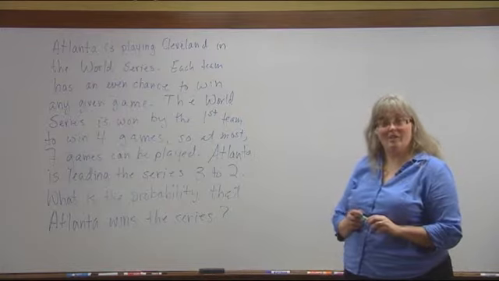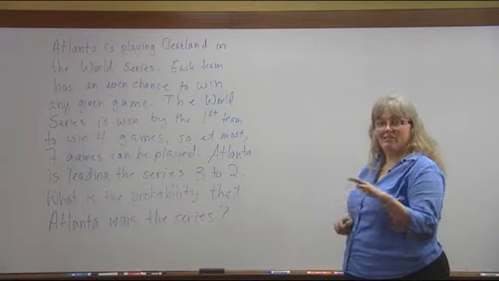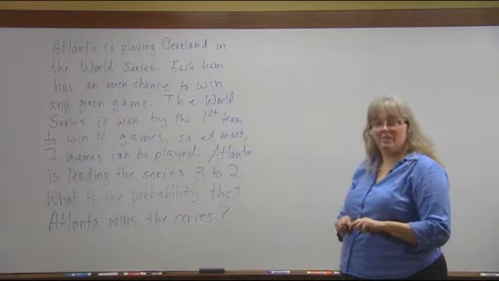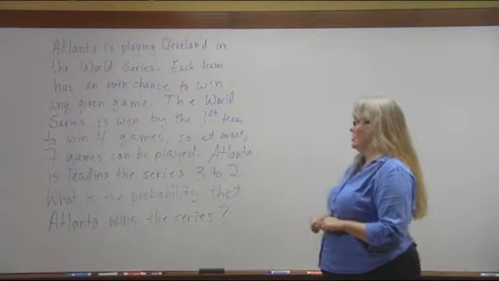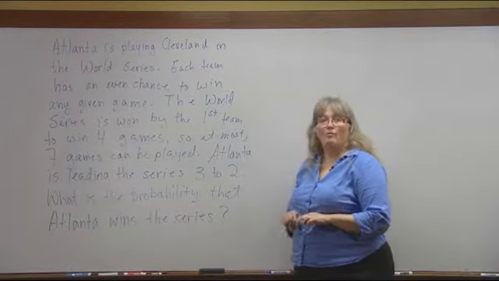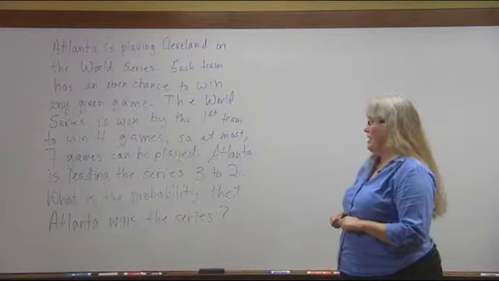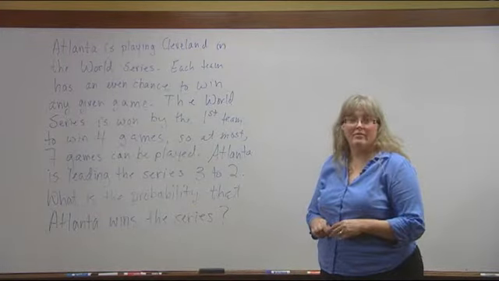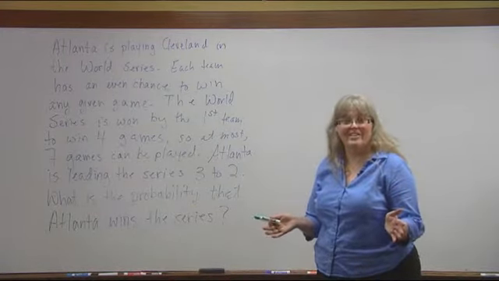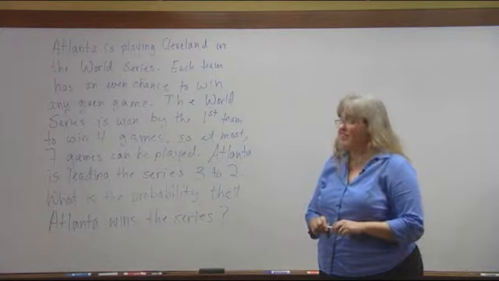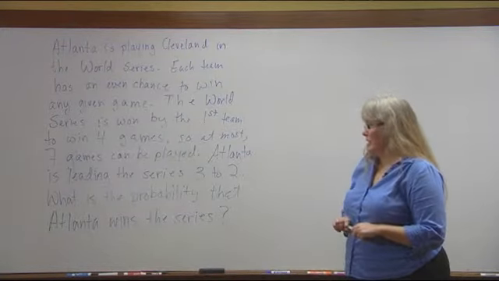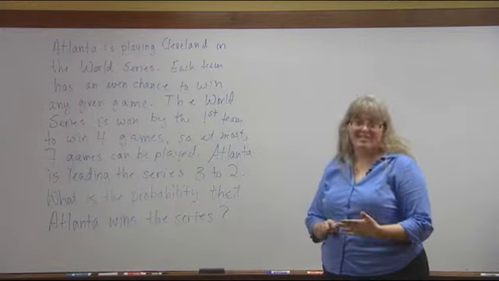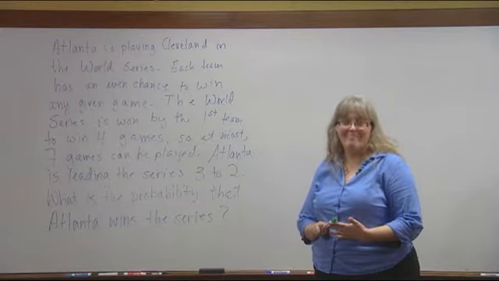All right, now this is a bit tricky because there are a couple of possibilities that can happen for Atlanta to win the series. One scenario is that Atlanta wins the next game, and then that's it. Series is over. They've won. The other possibility is that Atlanta loses the next game.